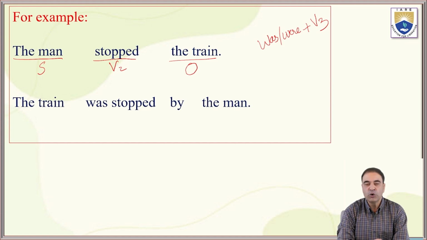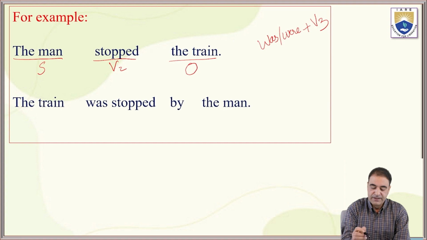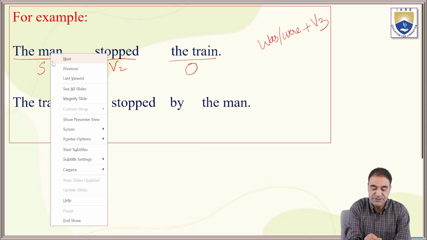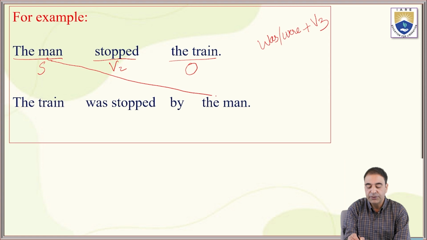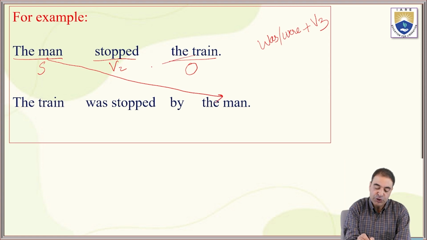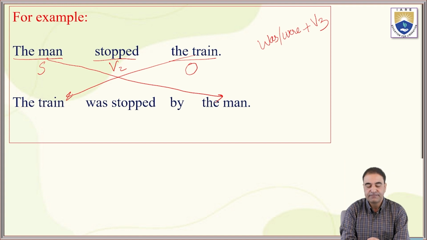The first thing you have to do is to interchange the place of subject and object. Like here, take the subject, the man, here, and the object to the position of subject here.